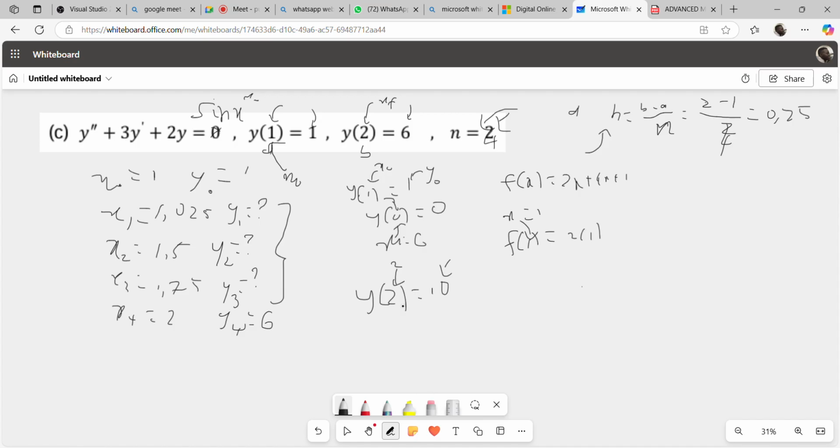You see that y at 2 equals 6, right? So it acts as our final condition. Once you get that x4 is equal to 2, that is our y4, which is equal to 6, so we stop doing the calculations. Remember, you have a boundary point. You have the beginning, you have A and B. Now you want to find out what is happening here.